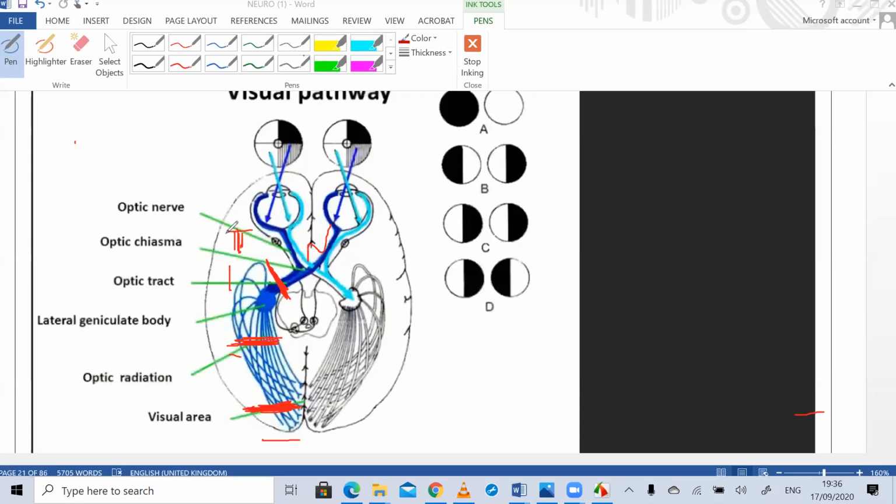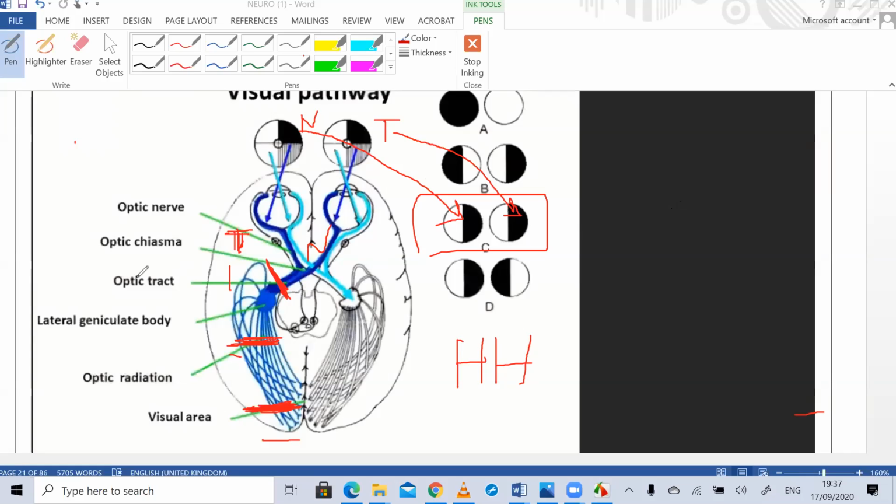The temporal fibers are transferring the nasal field, and the nasal fibers are transferring the temporal field. That's why you will get temporal blindness, contralateral, and nasal blindness, ipsilateral, and that's called contralateral homonymous hemianopia. Homonymous means the same field in both eyes, and contralateral because it's contralateral to the side of the lesion.